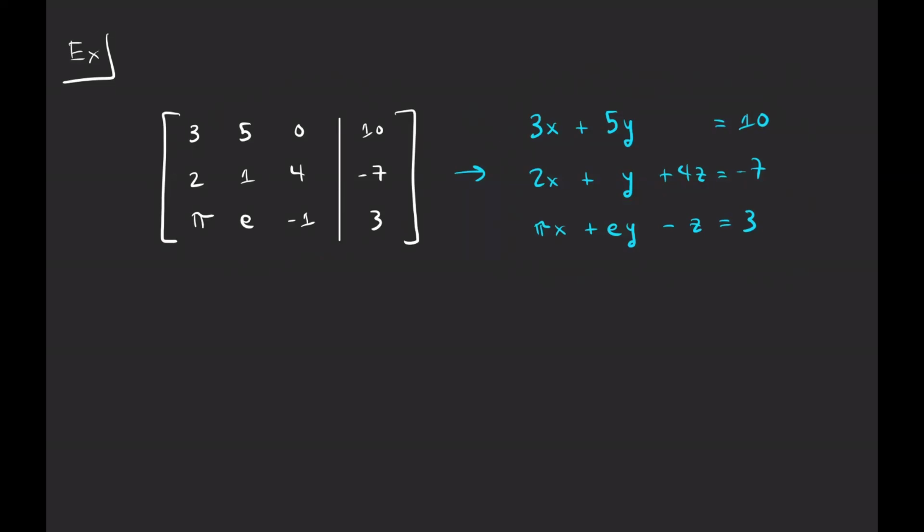So for now, this matrix is really just a way to store this info. It's a way to store, I guess, the coefficients of the system of equations, right? What this leads us to is we start to ask ourselves a handful of questions.